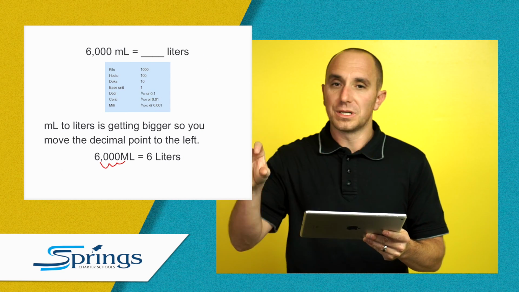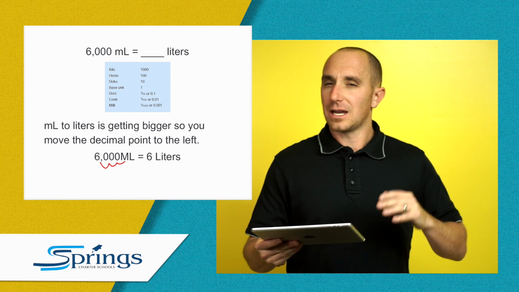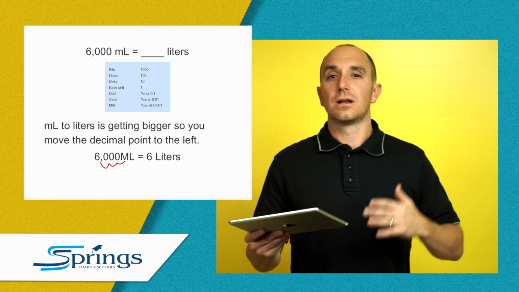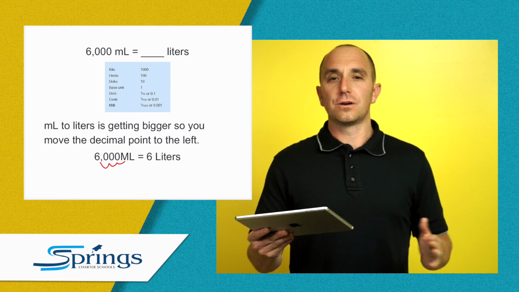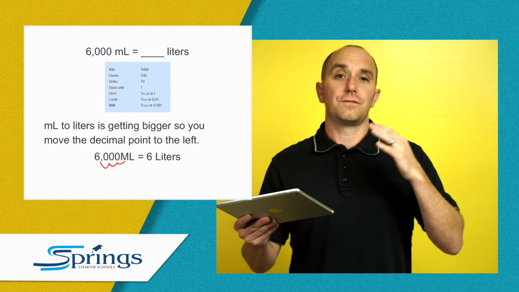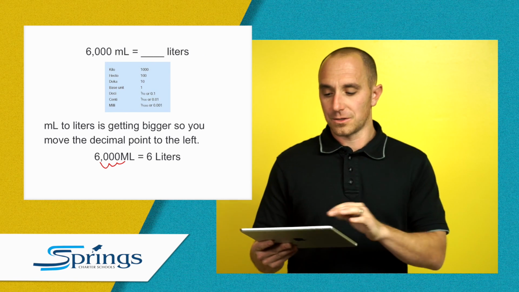I got rid of those 3 zeros because I'm getting rid of 1,000, and it just makes it 6 liters. So it's kind of an easy little cheat. Now, of course, it's actually just a great trick. Anytime you're moving over a tenth, you move 1 zero away. If you're moving a hundredth, you move 2 zeros, and for 1,000, 3 zeros.